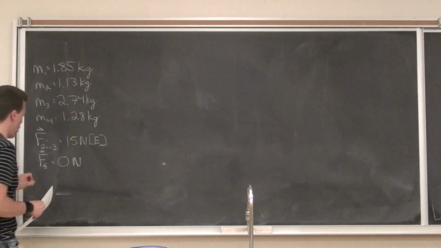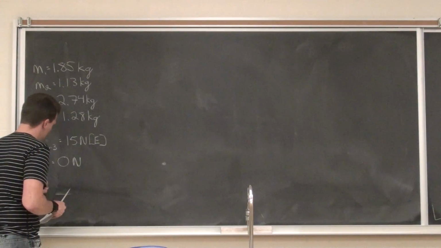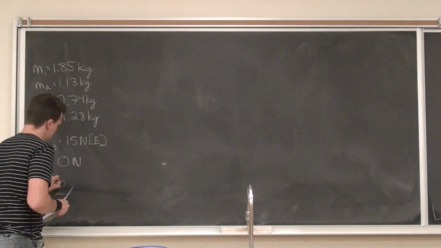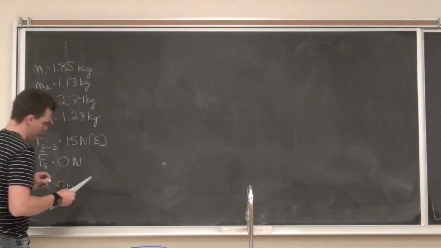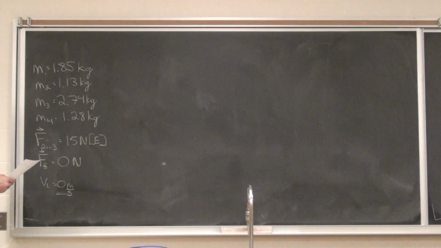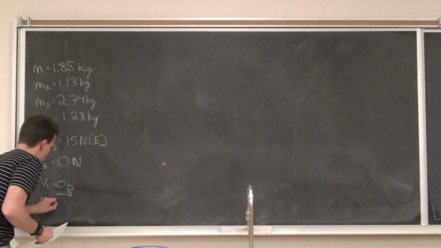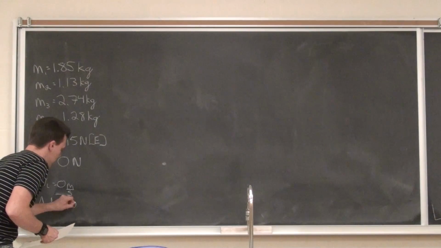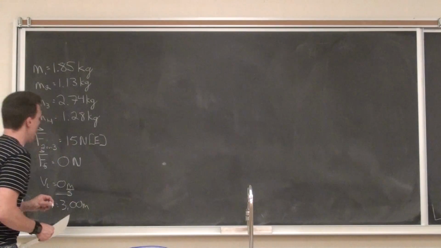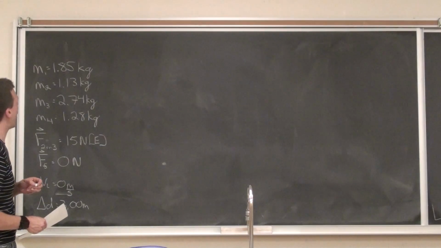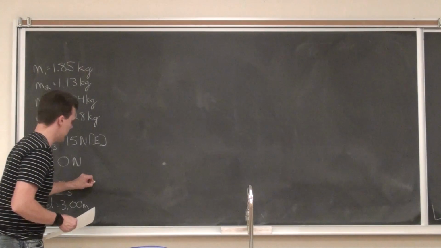And the train starts from rest, so we know the initial speed of the train is 0 meters per second. How long will it take the child to pull the train 3 meters? So we know the distance is 3.00 meters. And in the end, our unknown variable is the time.